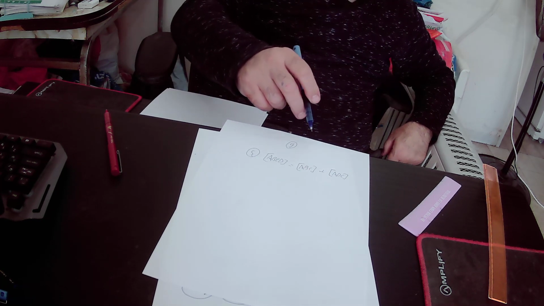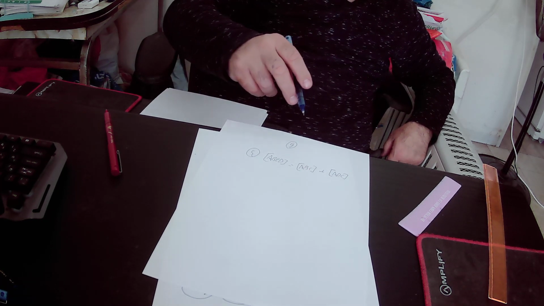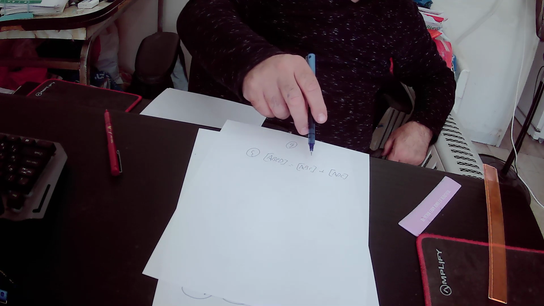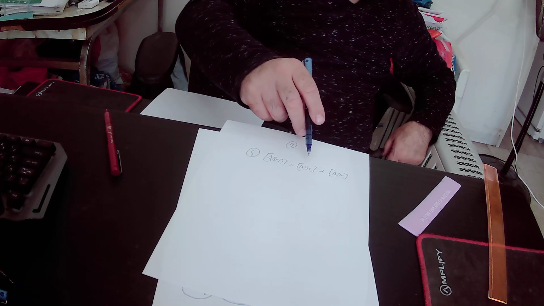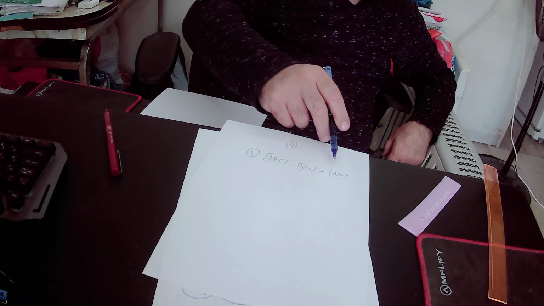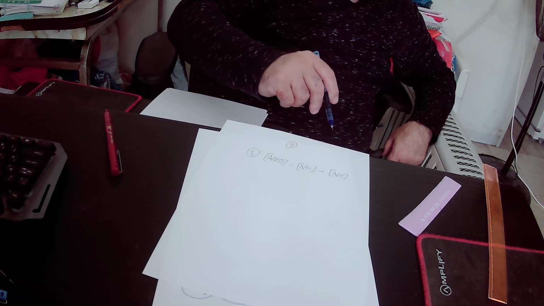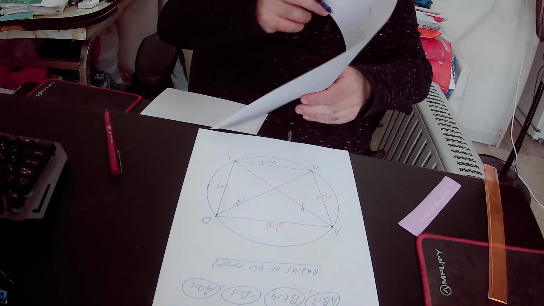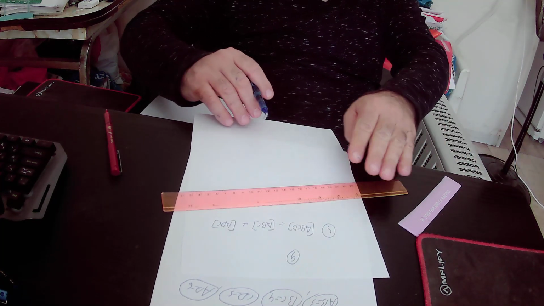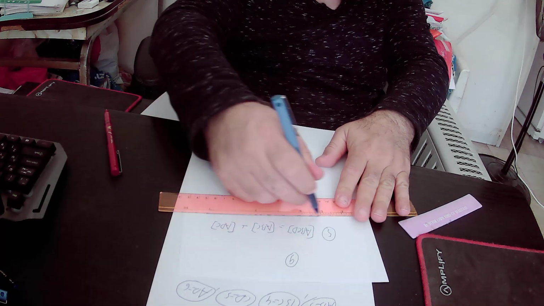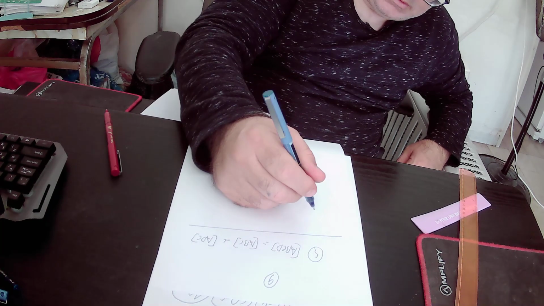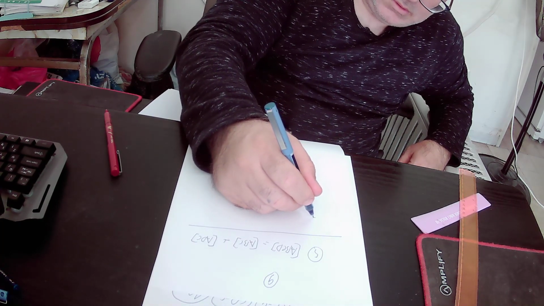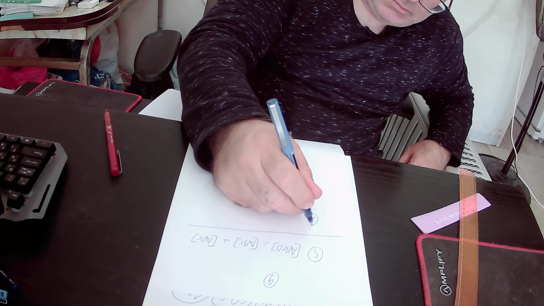But we have already found the areas of triangle ABC and triangle ADC, so we'll substitute those 2 values. We call it equation number 1.